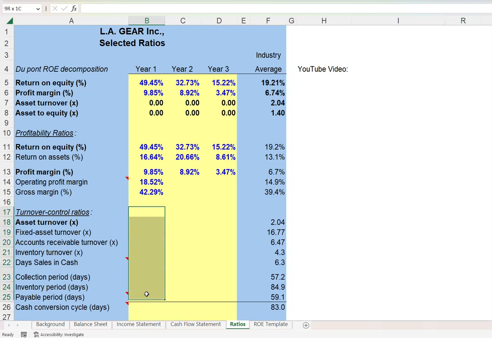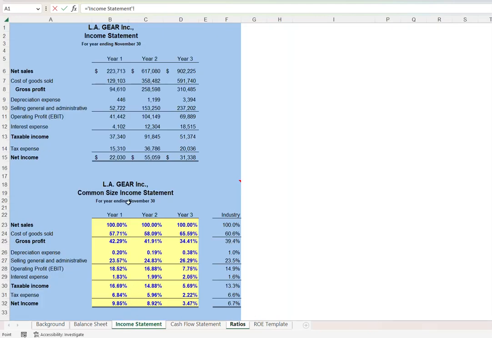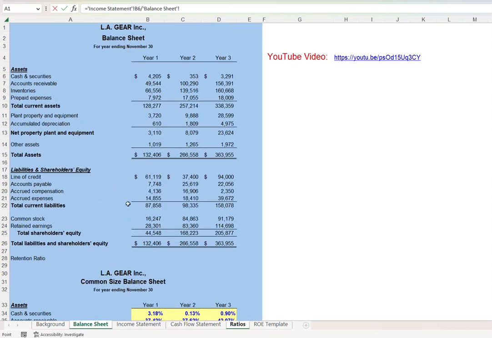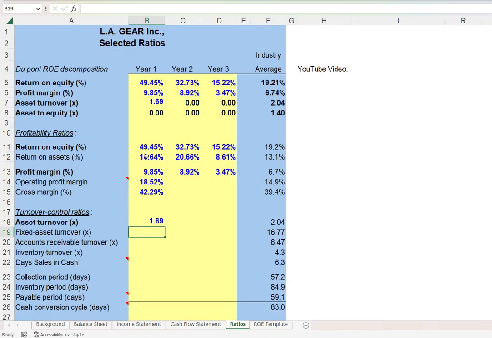Next thing we're going to calculate are our turnover or control ratios that measure our efficiency. Let's begin with our total asset turnover. Asset turnover was what? Sales divided by assets. So let's equals, go to our income statement, pick up our total sales for year 1, $223,000, divided by total assets for year 1 of $132,000.